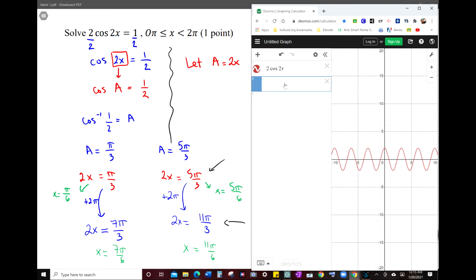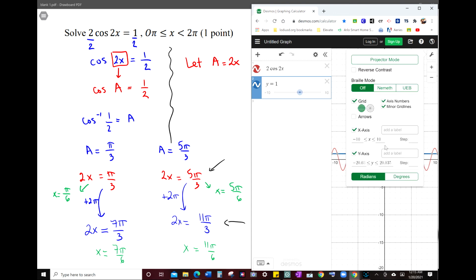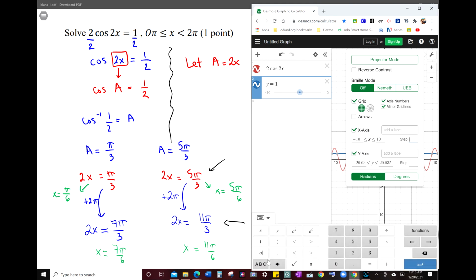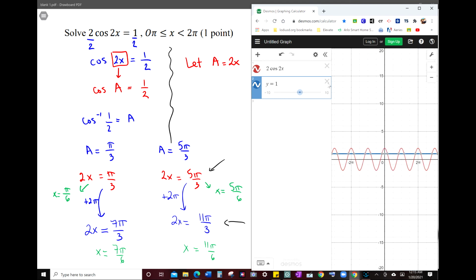And then you look for y equals 1. You need to change the setting, so now you put the step as pi, and we try to look for the intersection between these two functions.